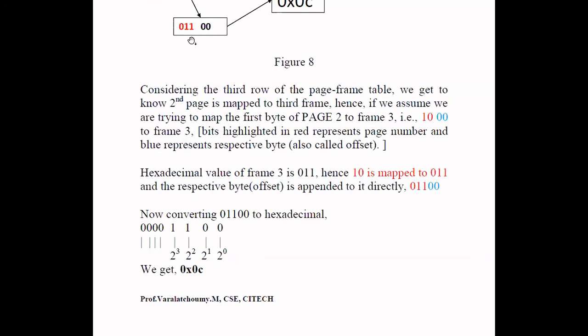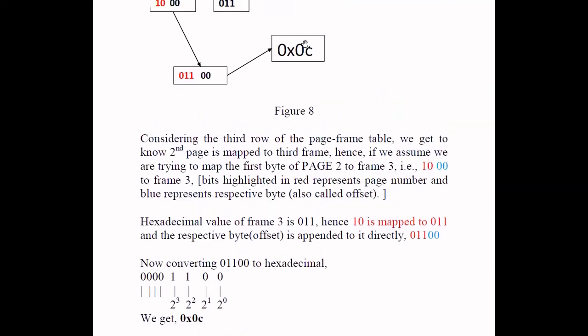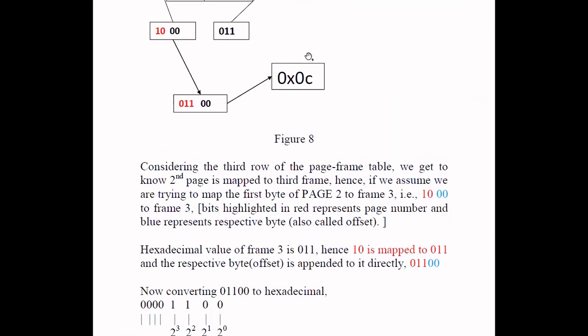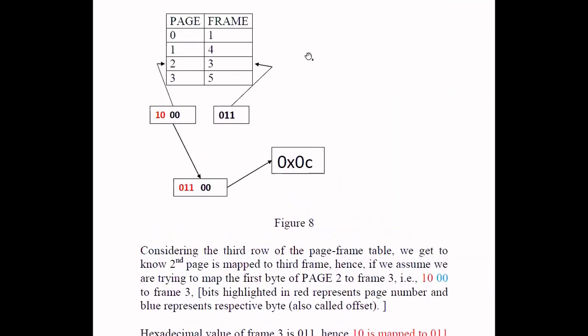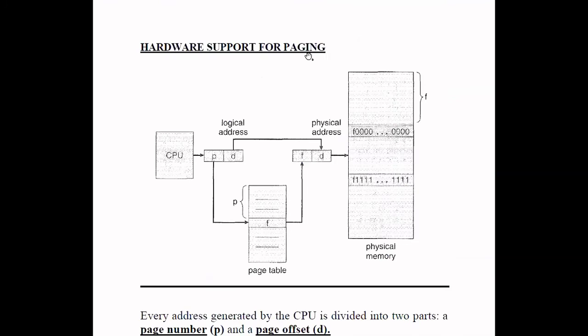This 1100 forms one block, and this 0 prefixed with the remaining zeros forms another block. This is my direct conversion to hexadecimal values. When I convert it, I get the value as this. So I have got my frame value. This is how the logical address gets converted into the physical address.